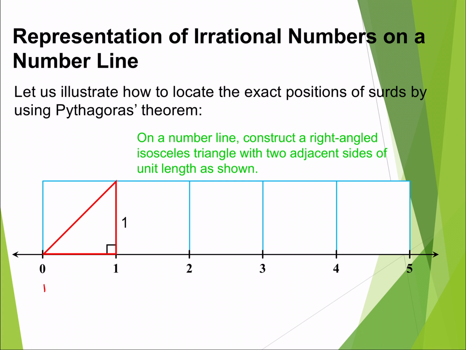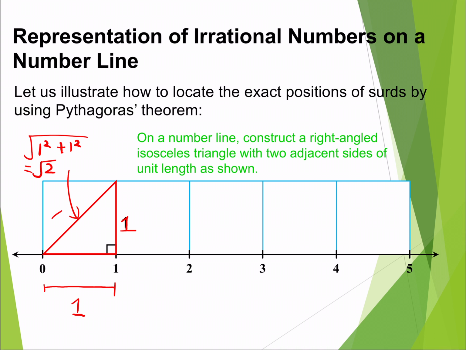So now we draw a right angle triangle here, and the two adjacent sides are 1. For the hypotenuse, we can find by the Pythagoras theorem: 1 squared plus 1 squared, and then square root. 1 squared equals 1 times 1, so it equals square root 2.